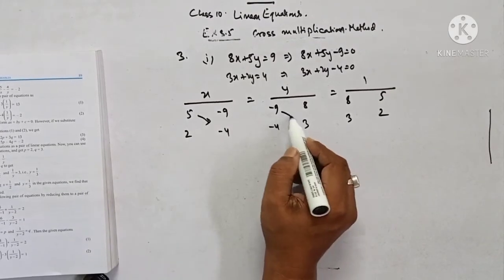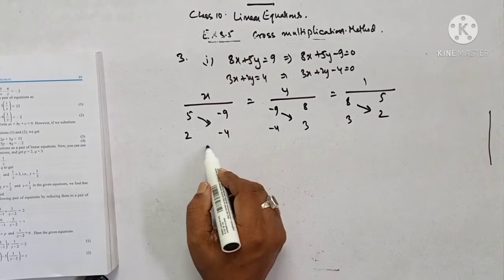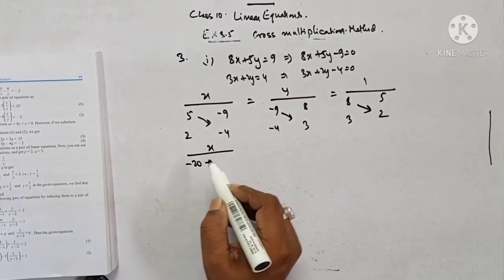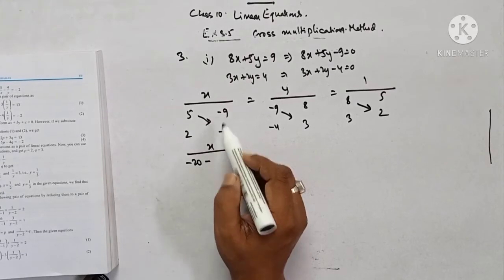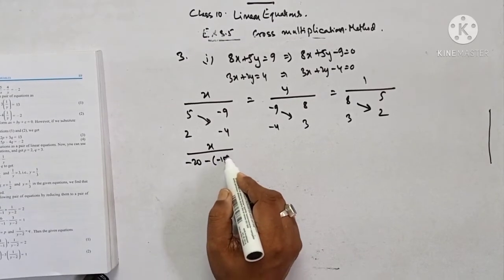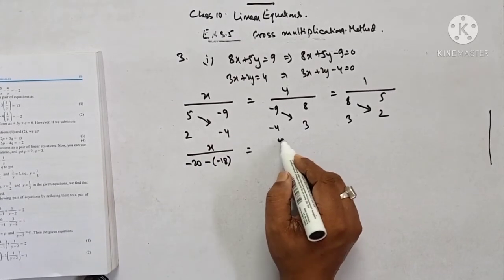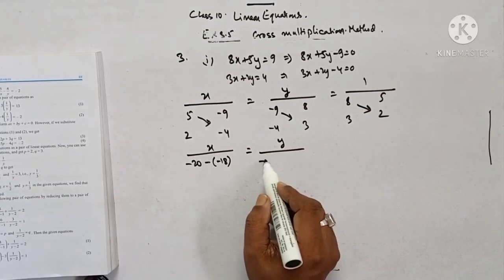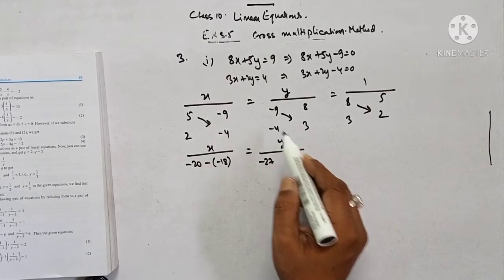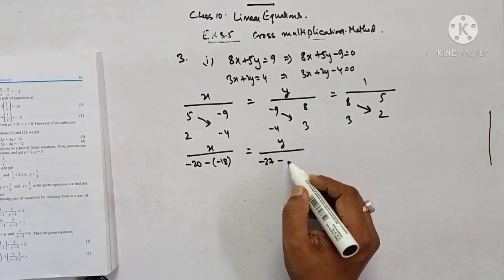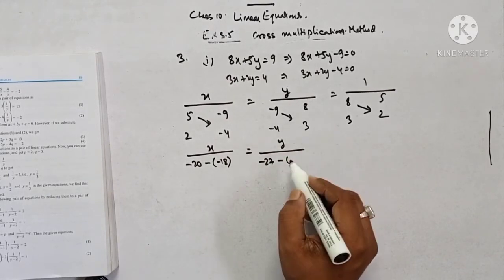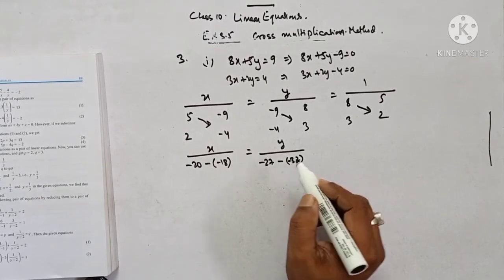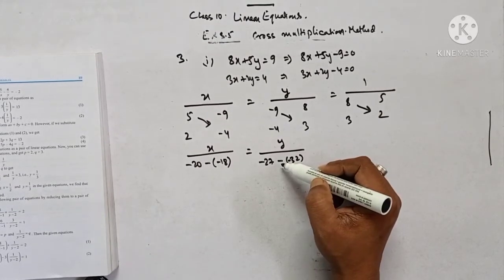So you do this. x by 5 fours are 20 minus 20, minus 9 twos are 18 minus 18. So y by minus 27, 3 nines are 27, minus 4 eights are 32, so minus 27 minus minus 32, because this minus will remain always.